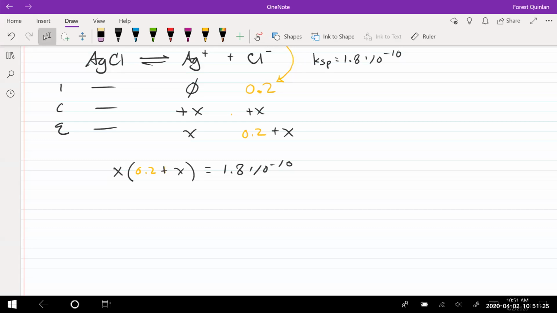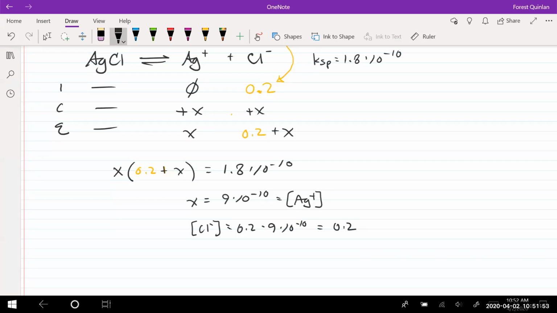Hey, if we go ahead and solve that for X, we find that X is equal to 9 times 10 to the minus 10, which of course is the concentration of the silver. Now, that would also mean that the concentration of chloride is equal to 0.2 minus that 9 times 10 to the minus 10, which means that it still looks like it's 0.2.